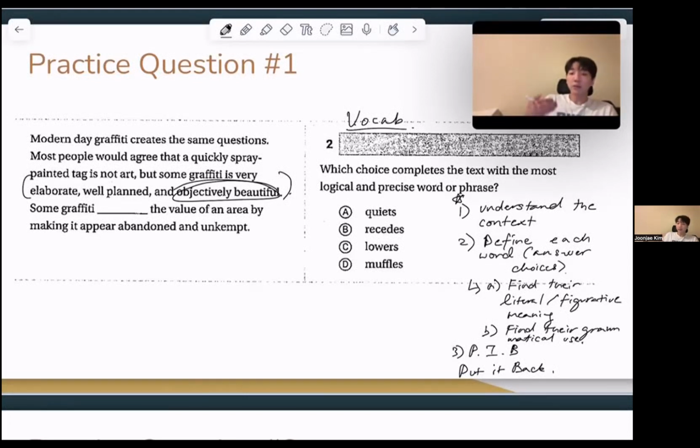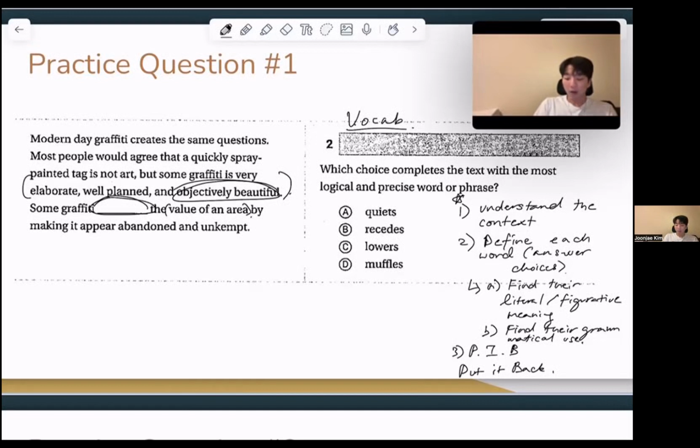Now we'd have to know what the second sentence is talking about. So if we look at it, some graffiti blank the value of an area by making it appear abandoned and unkempt. Now, we were first saying that graffiti could be very beautiful, but what is the second sentence saying now? The value of an area is somewhat influenced by this blank.